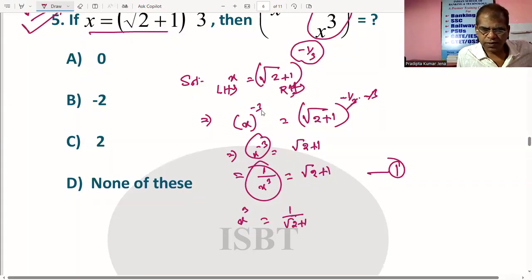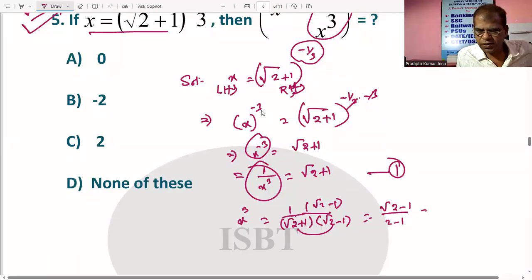We can multiply root 2 minus 1 in the numerator as well as the denominator. Now root 2 minus 1 divided, a plus b times a minus b, so 2 minus 1 that is equal to root 2 minus 1. Okay, so this is equation 2.